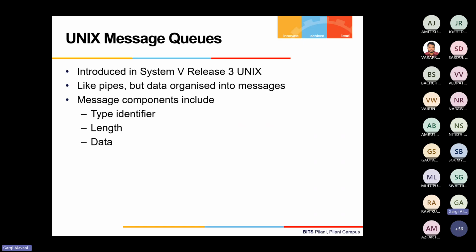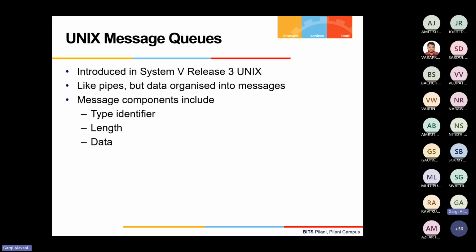This structure is useful in scenarios where we need asynchronous communication, that is, everything need not be in a synchronous fashion, one after the other. So here we can manage or prioritize different types of messages.